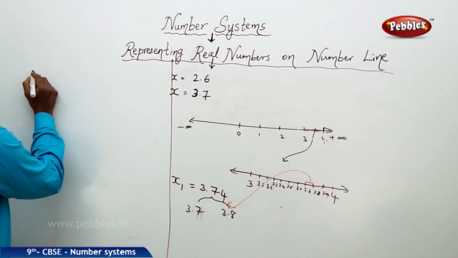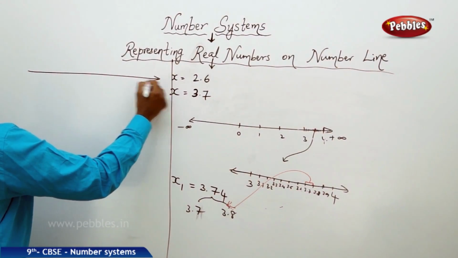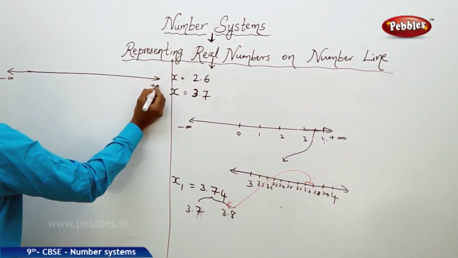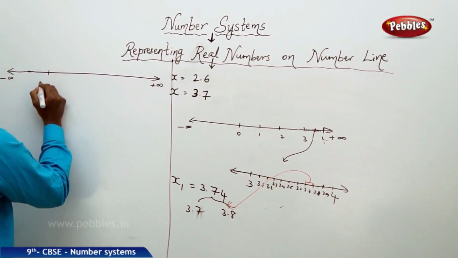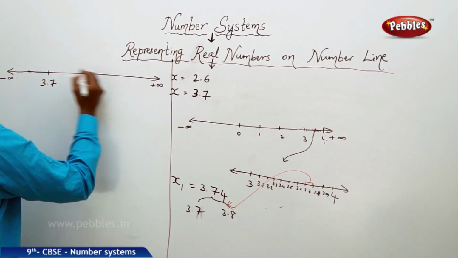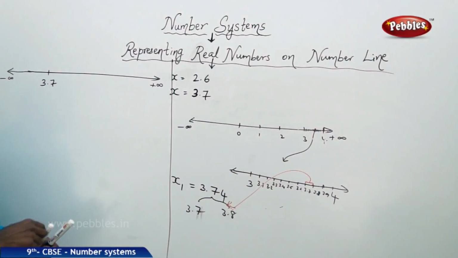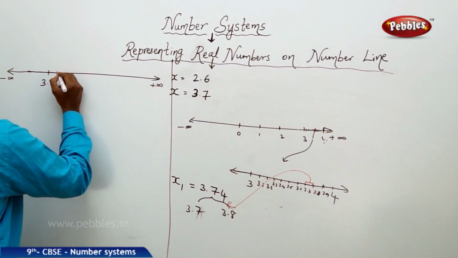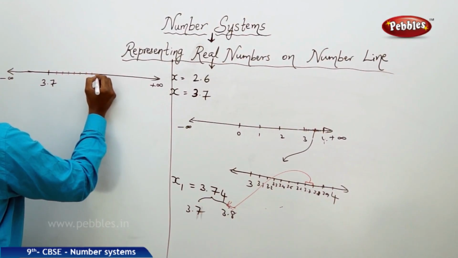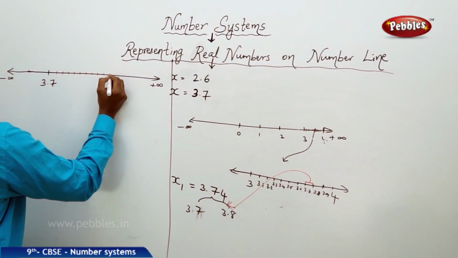So I take 3.7 and 3.8 and I subdivide this into 10 different intervals: 1, 2, 3, 4, 5, 6, 7, 8, 9, 10.